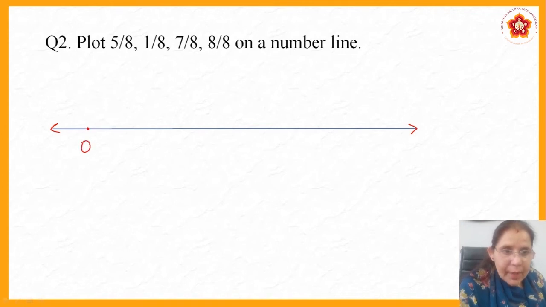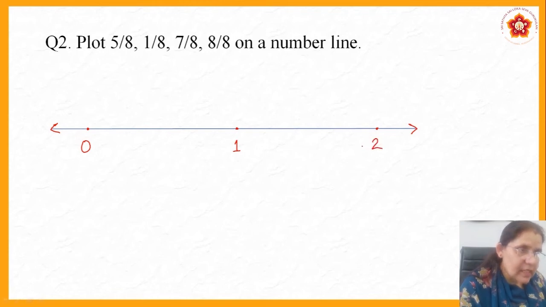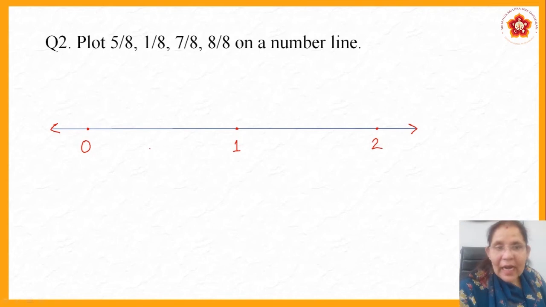So I can put my 0 here. Let me take equal distance. All you have to make sure is that the distance between point 0 and 1 is the same as the distance between point 1 and 2.